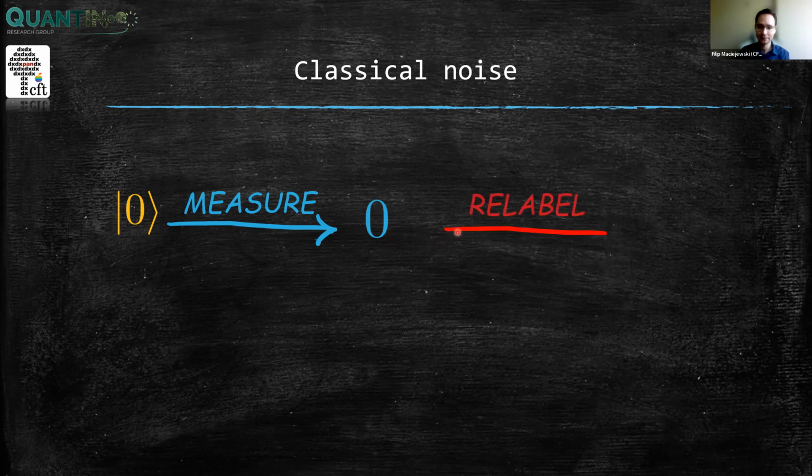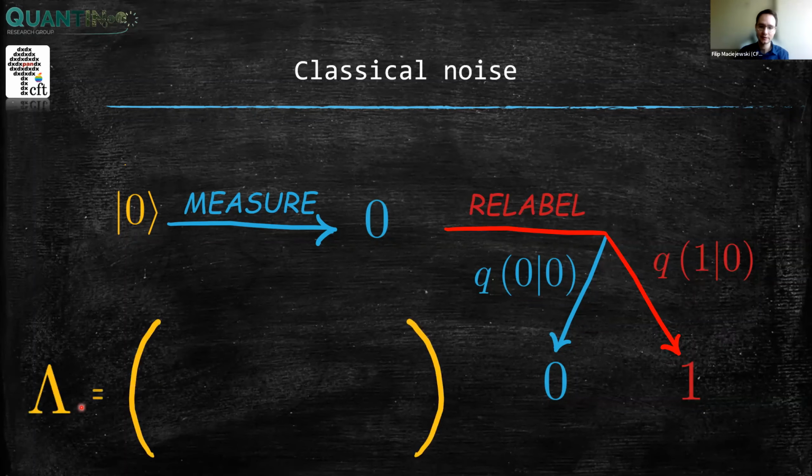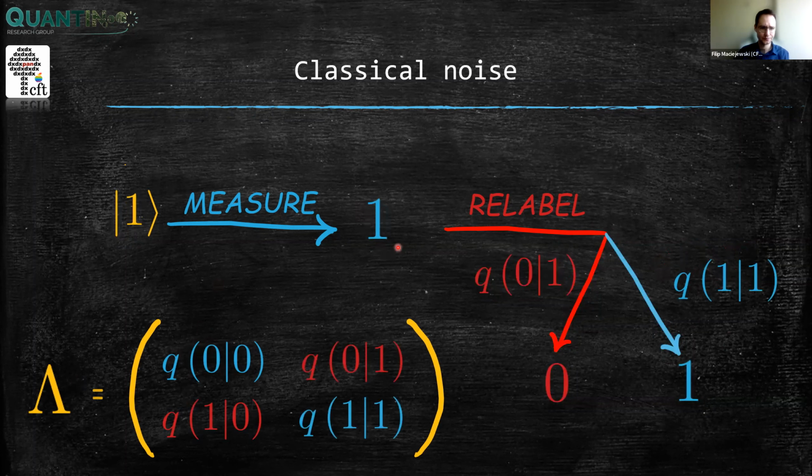But in reality, we have some classical noise, and this outcome just gets relabeled to some other outcome with some probabilities. We have a blue probability of correct labeling and a red one of mistaking the outcome, which should be 0 as well. If you want to construct a stochastic map that describes this noise, you just put those numbers in the first column, and for the second column you do the same for the one state. This was just for 1 qubit, but of course you can generalize it to more qubits just by putting in more computational basis states.